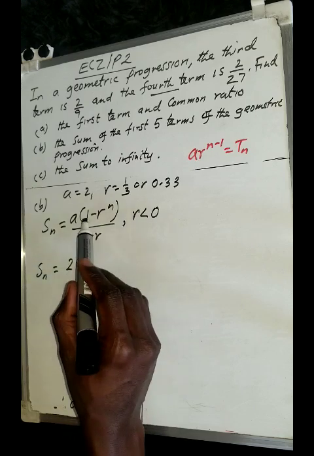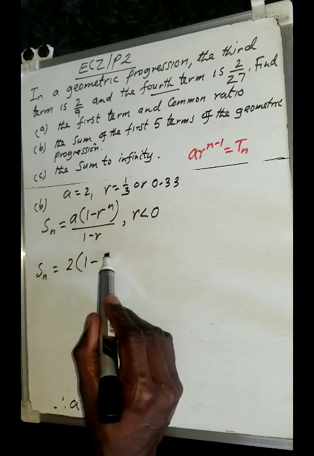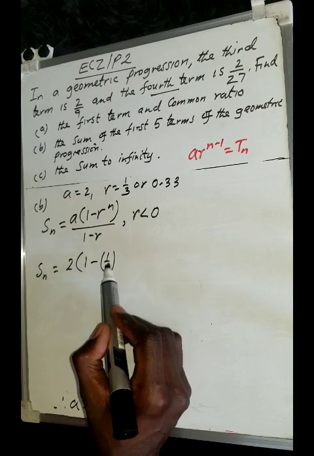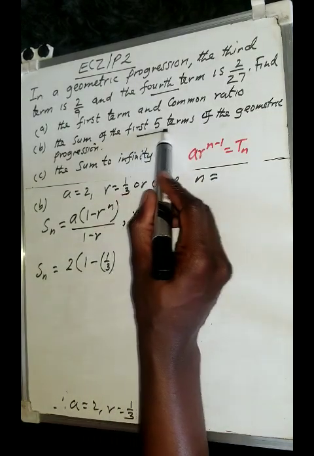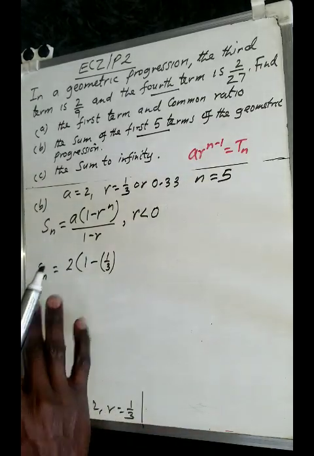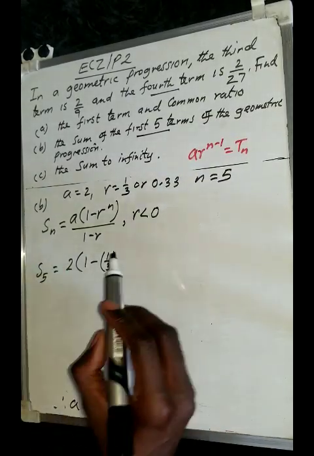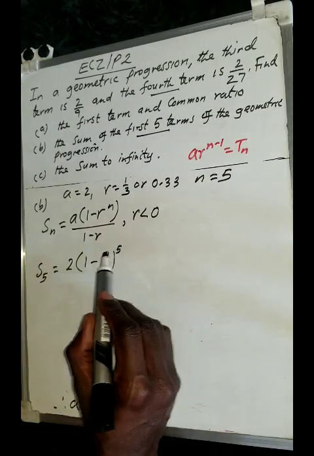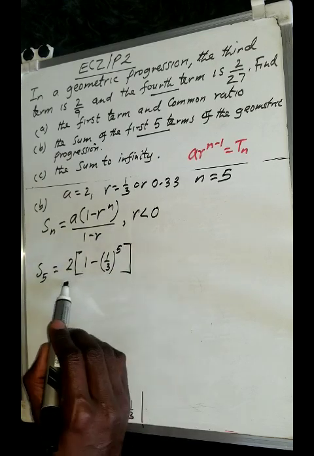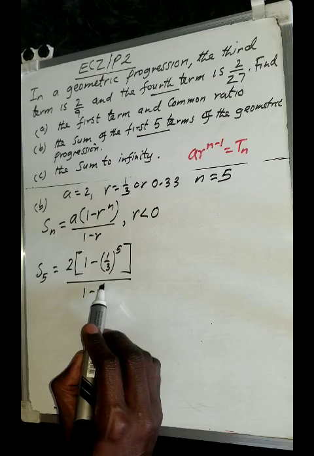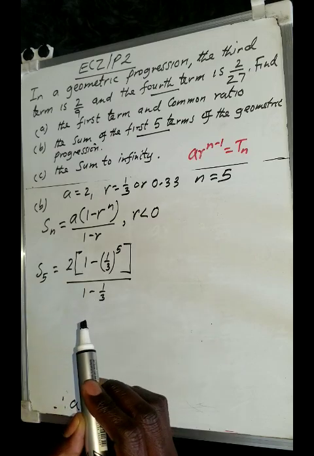It's 2, and it will be 1 minus my common ratio 1 over 3, but this raised to n. What is my n? Since it says the first 5 terms, your n is equal to 5, so raised to the power 5. Let me just differentiate by using this type of brackets, over 1 minus 1 over 3 there.